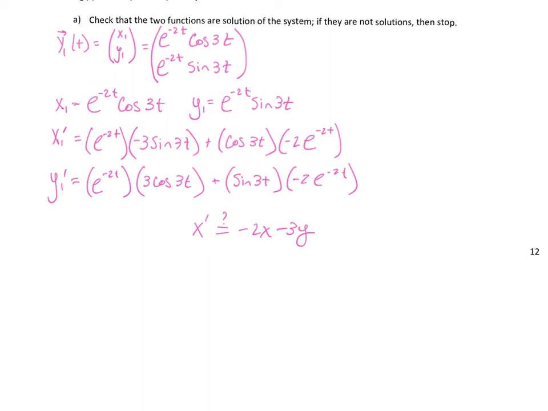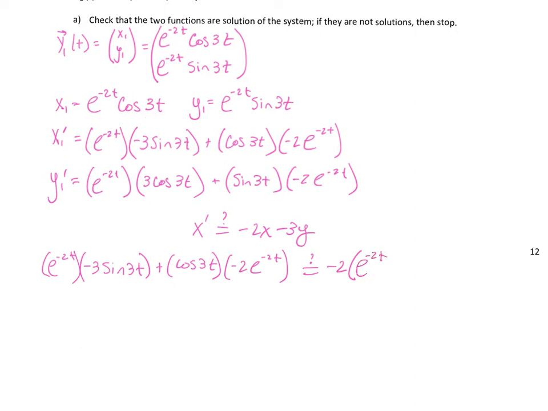So I'm just going to write down what x prime came out to be. We have e to the -2t times -3 sine 3t plus cosine 3t times -2 e to the -2t. Does that equal -2 times x? X is this, right? That was given.